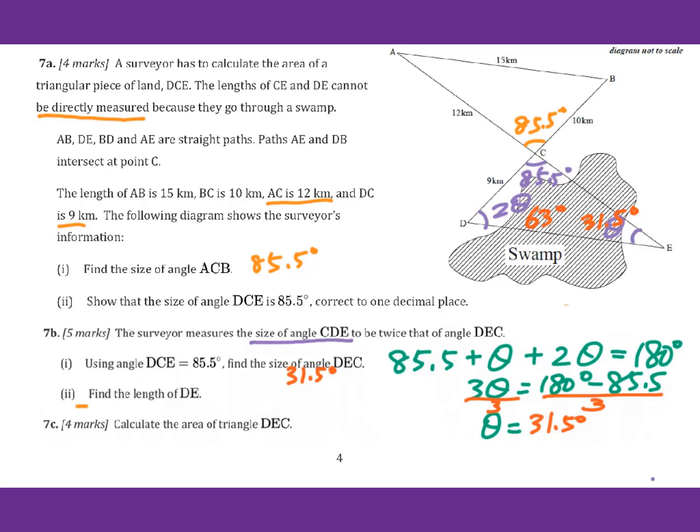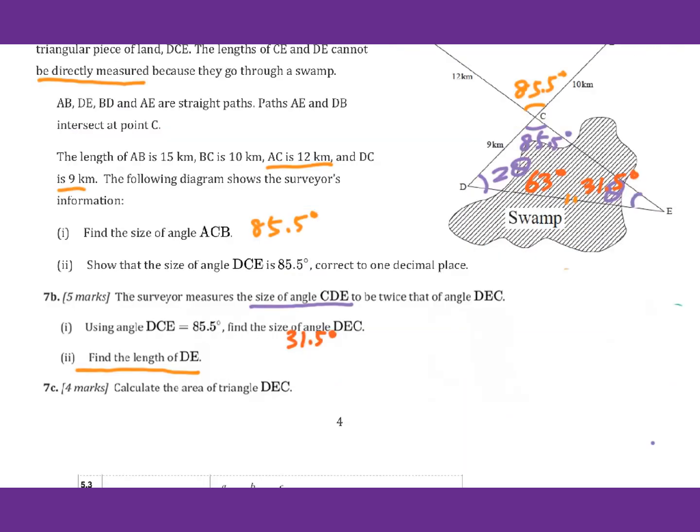For the second one from 7b, find the length of DE. For DE, since you are given 2 angles already, we can use the sine law. So we have DE, let's label as x. x over sine 85.5 degrees equals 9 over sine 31.5 degrees.